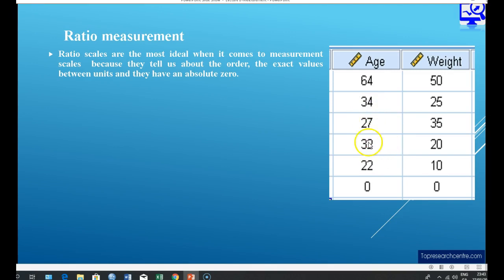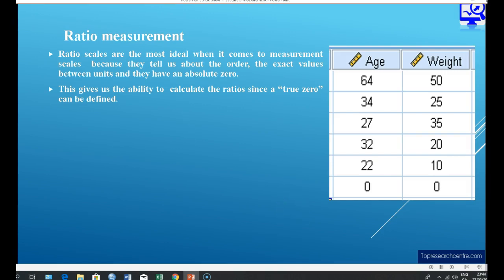Or we can say 32 years is half of 64 years. So you can calculate the ratio if you are dealing with variables measured at a ratio scale. So we have the ability to calculate the ratio since we have a true 0.